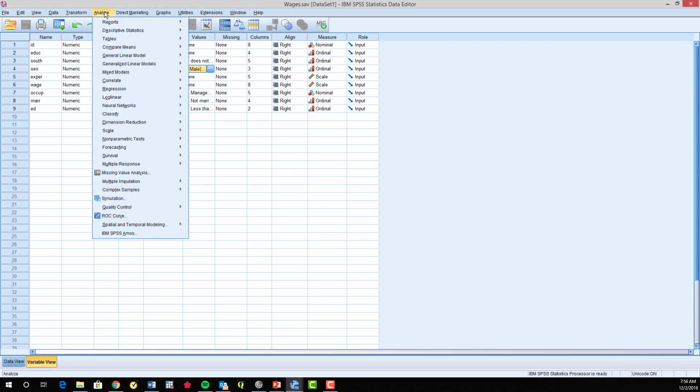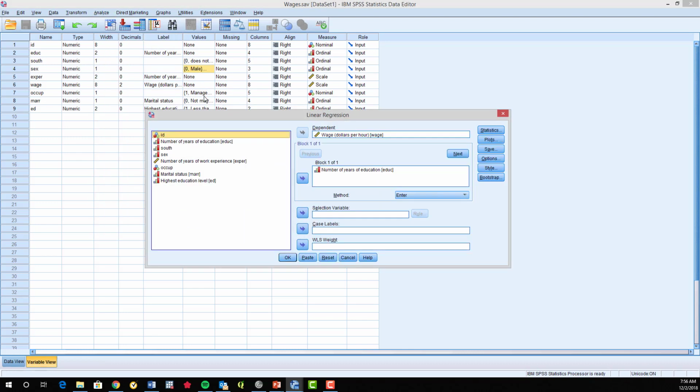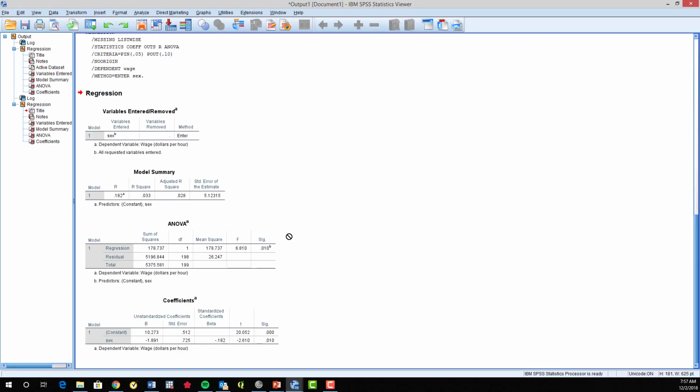To conduct this regression, it's the same thing. You're going to go to regression, linear, and instead of years of education, you are going to use sex. You're going to click OK, and again, we get the same tables. This is the Pearson's correlation coefficient between gender and hourly wage, and you see that there's a weak, positive correlation. R squared is 0.03.